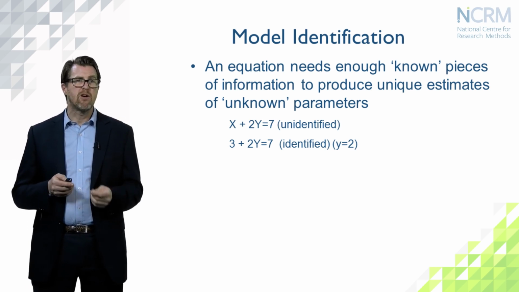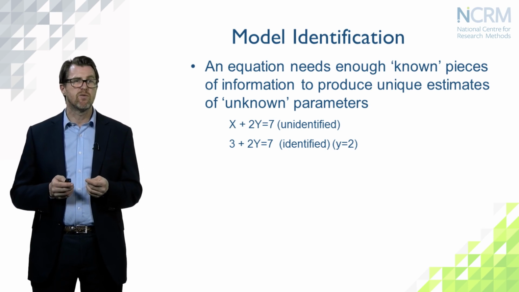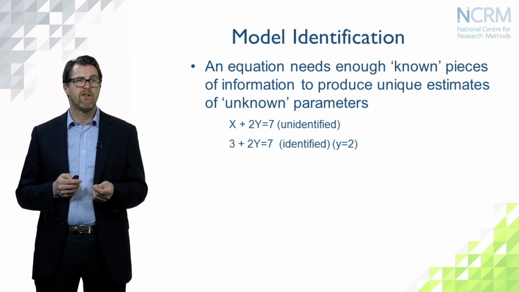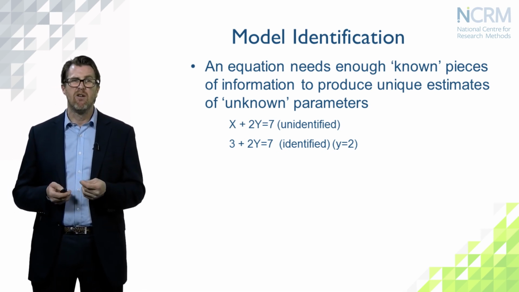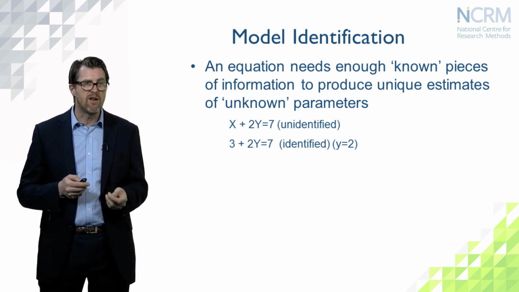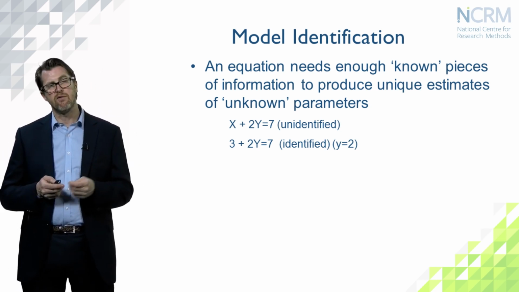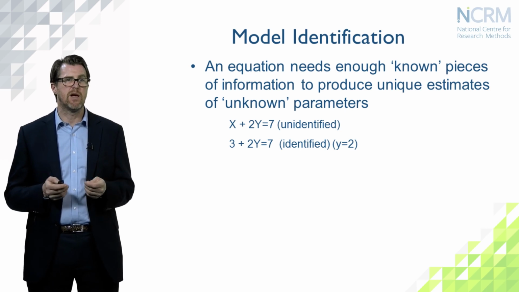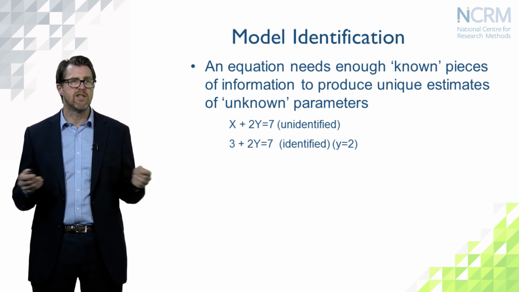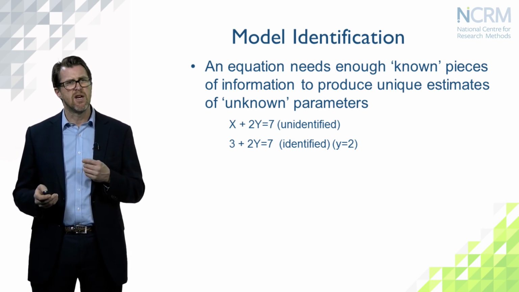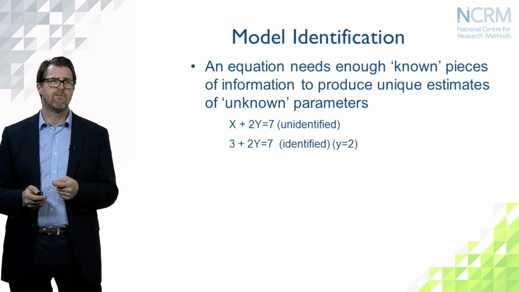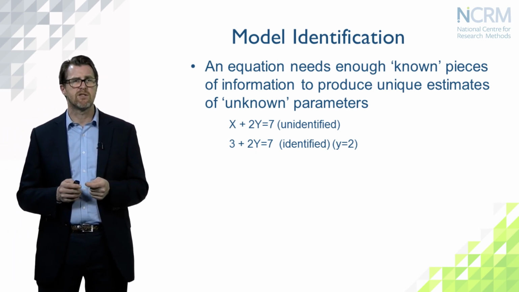Now, because we have a balance of knowns and unknowns where x and y could really take on many different values, and they would all be true, if you like, in terms of the equation being correct, that equation is unidentified because it doesn't enable us to produce unique estimates.